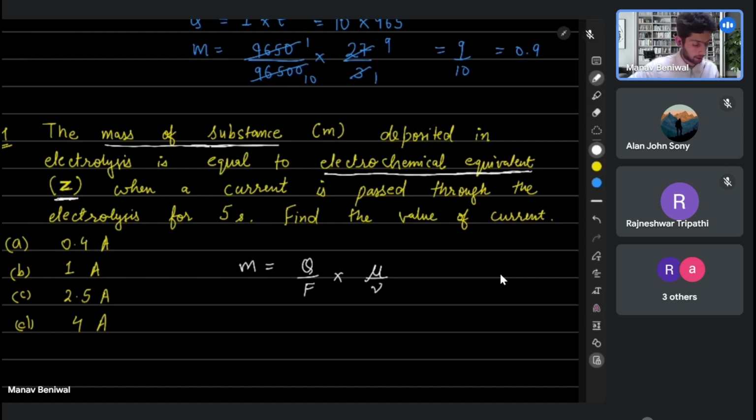And here the time is given to be 5 seconds. And we want to find out current. So what is current, right? That is what we need to find out. Okay. So I'll wait for like 30 seconds maybe. Let's see if I see any answers in the chat box.